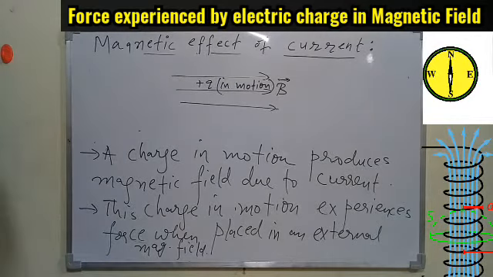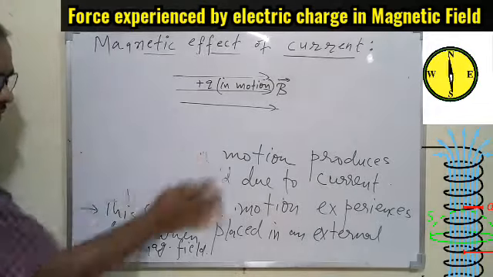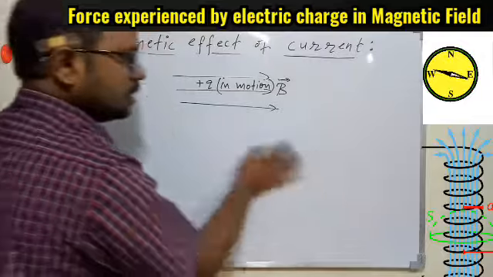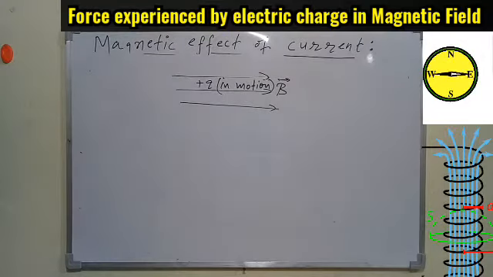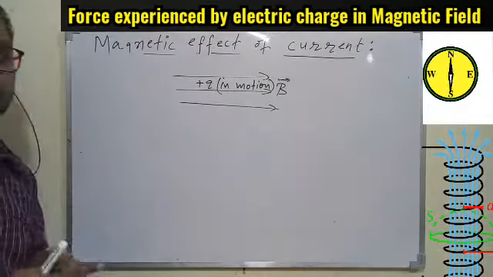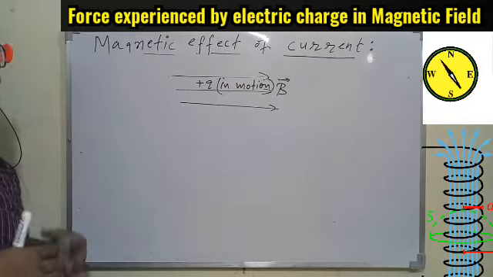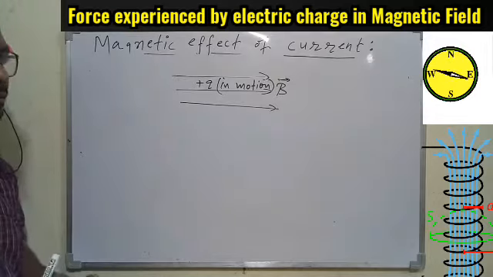Now we don't have any derivation in this class, but one formula I'm giving to you will help you to understand the force, that is how much force will be acting on this charge, in which direction, and in which case the force will be maximum or minimum.